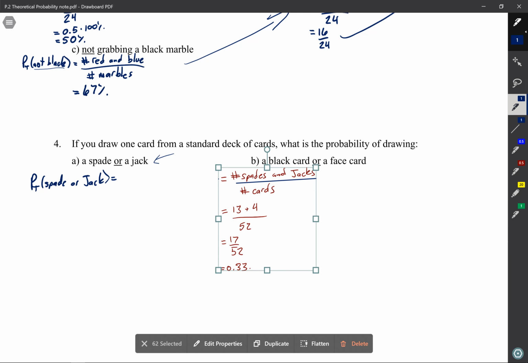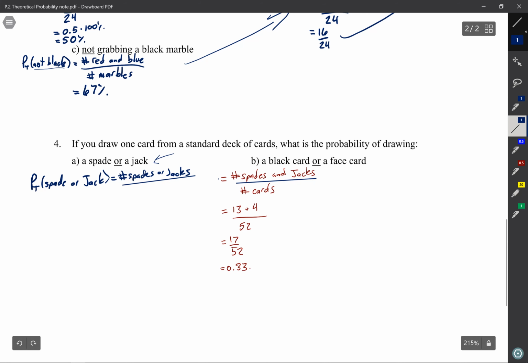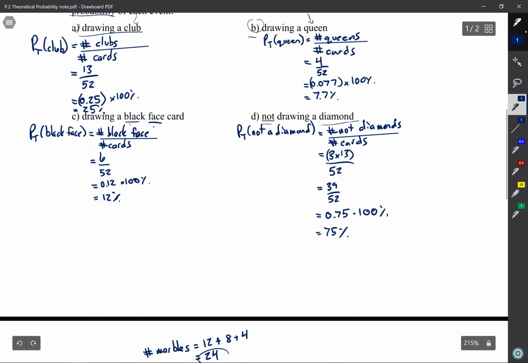So that equals the number of spades or jacks divided by number of cards. Now some of you may have noticed already the problem, the mistake I went through when I worked here, but we'll see by coming up to our standard deck of cards.